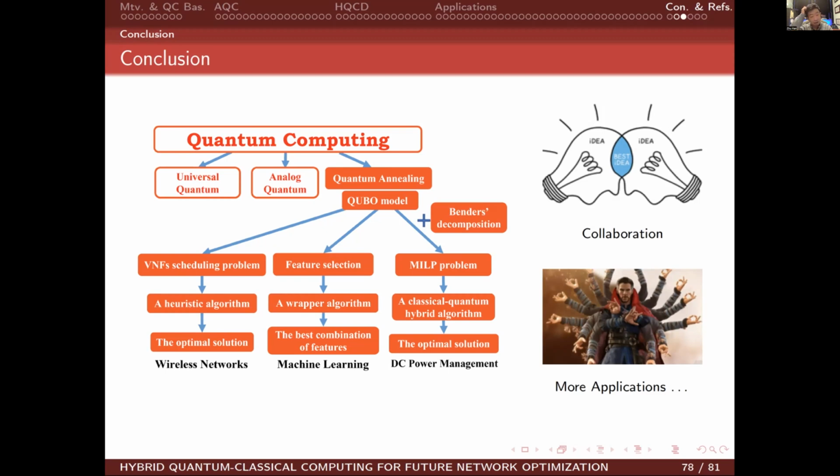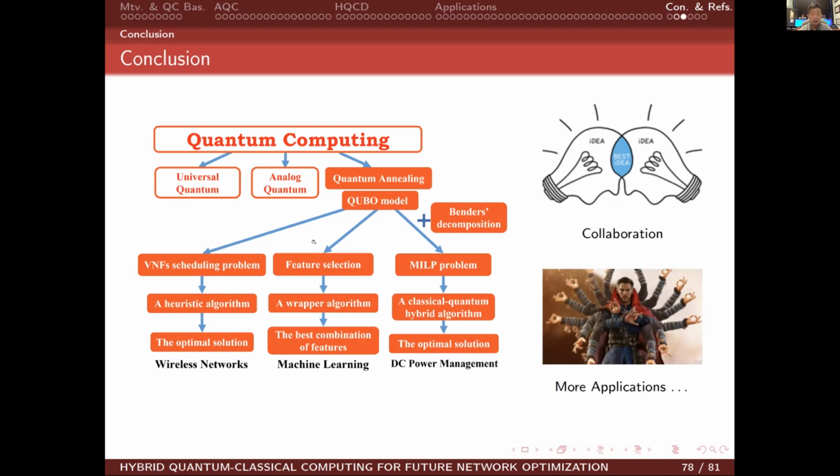In our talk, we try to understand this QUBO model, and try to link from the physics to the algorithm. Moreover, we extend this QUBO model with Benders decomposition so that it can link the classical computer with quantum computing.